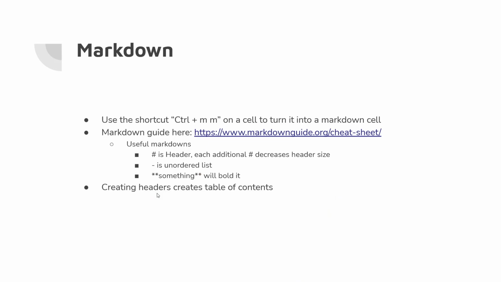Right, so I already talked a little bit about Markdown. You can hit Control M M, and then you can use various shortcuts for headers, unordered lists, bold. As I mentioned, you can hit this cheat sheet here, and it will show you all the various ones, which I'll go ahead and open.